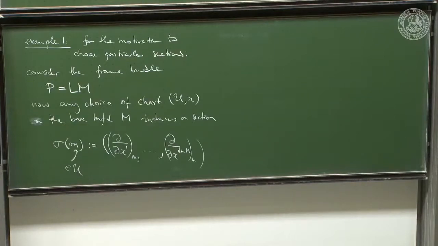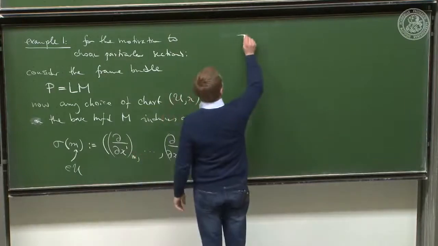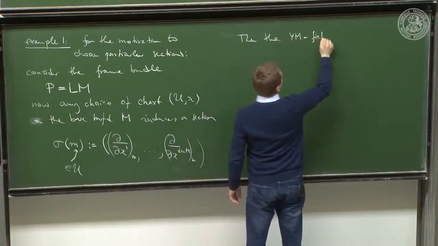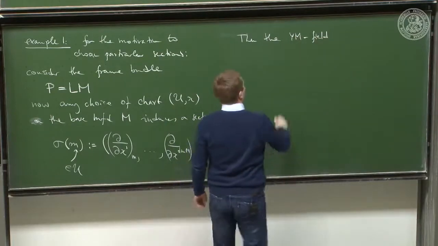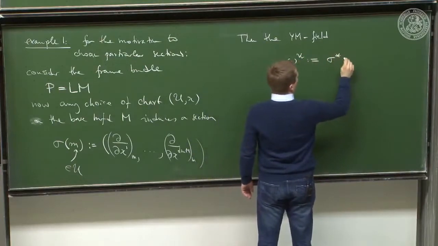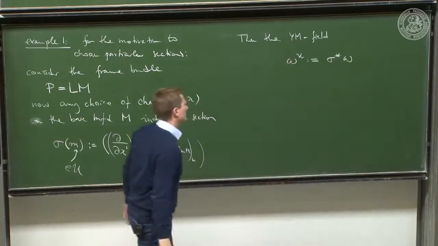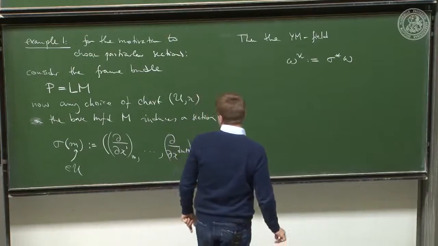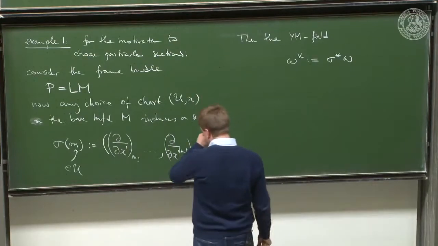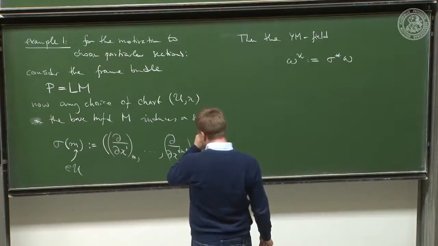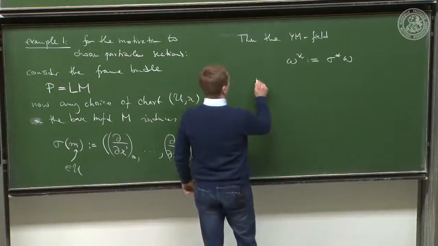So it has to do with the choice of coordinates. And then the Yang-Mills field omega_U, which is defined as the pullback of omega under sigma, so that's a one form.